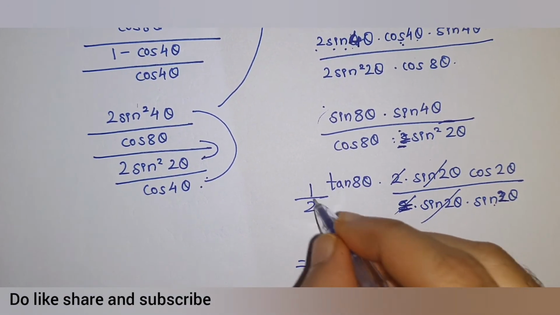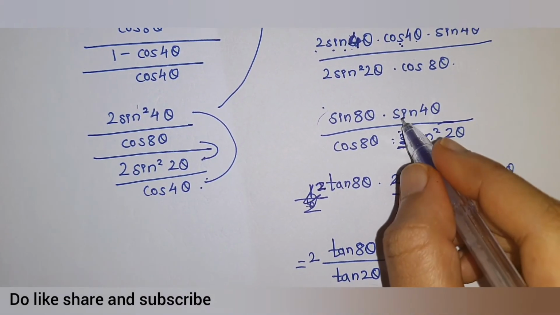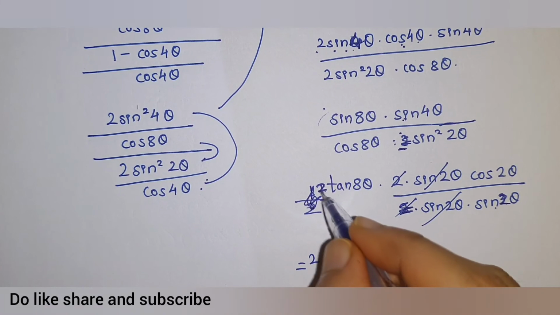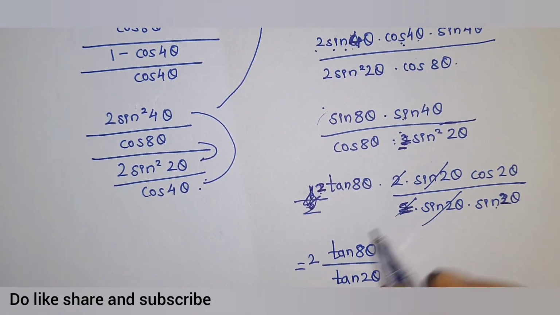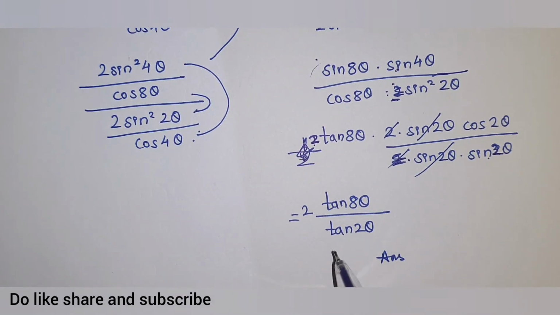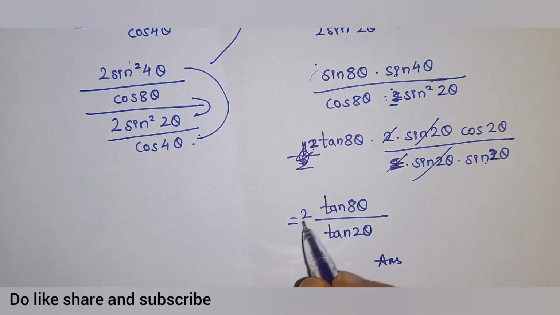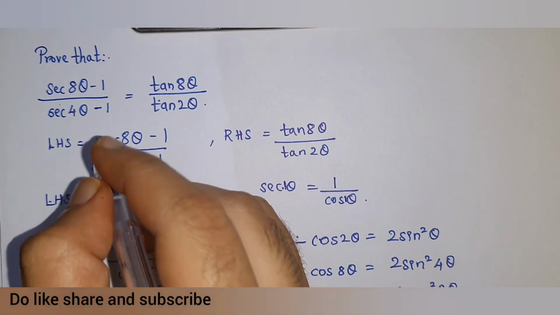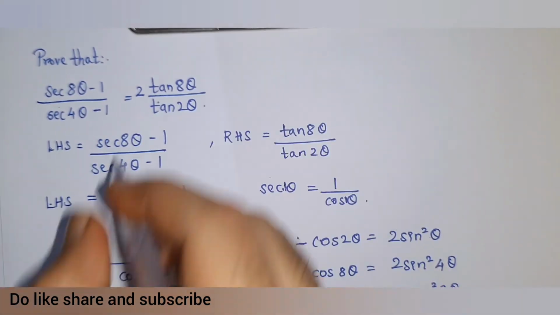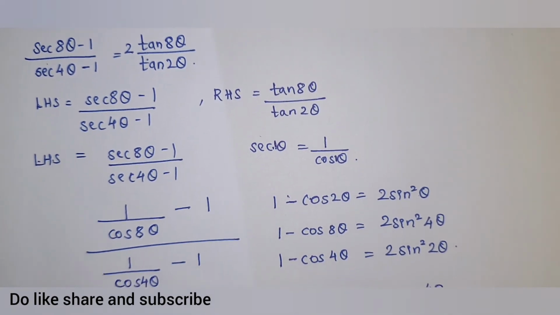So here the 2 term will come, as this sine of 4 theta will get converted into 2 sine of 2 theta into cos of 2 theta. Here I have cancelled, here I have multiplied by 2 again. So our final answer will be 2 into tan of 8 theta divided by tan of 2 theta, and in the given question it should be 2 into tan of 8 theta divided by tan of 2 theta.